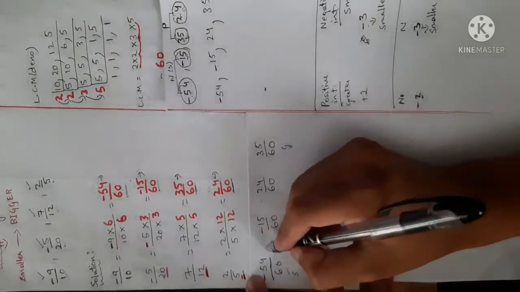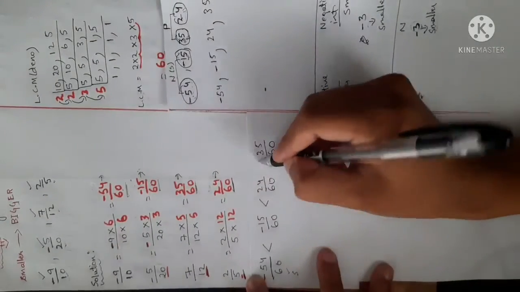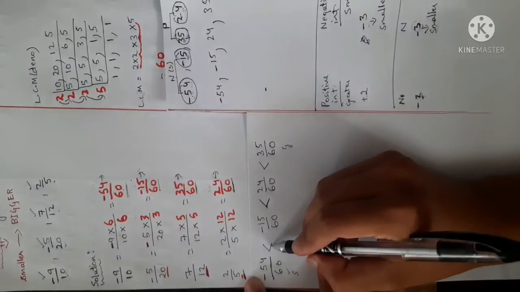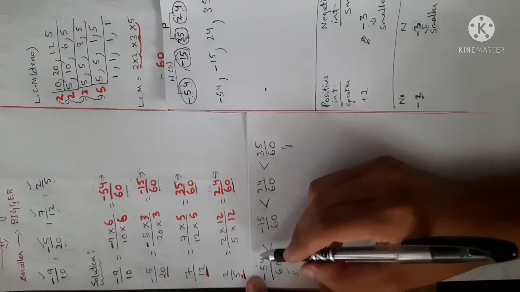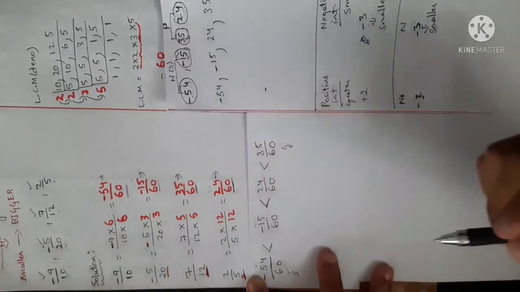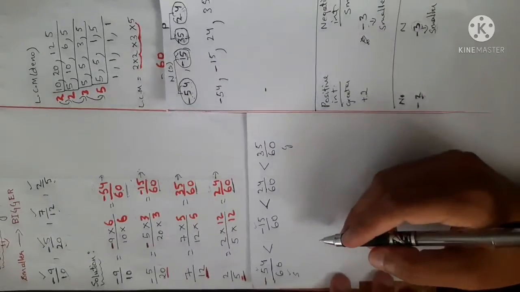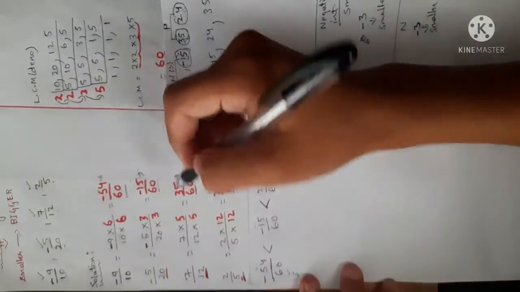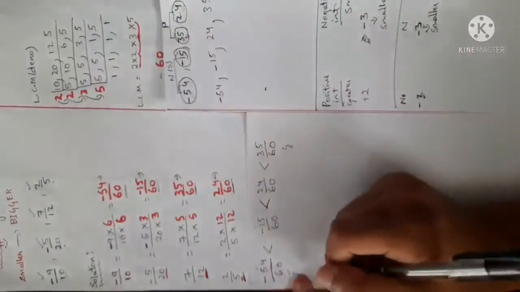So we write the less than sign. In ascending order, we use the less than sign. This tells us that this number is smaller than the next number. Now these are not the original rational numbers, isn't it? So we write their equivalent rational numbers.